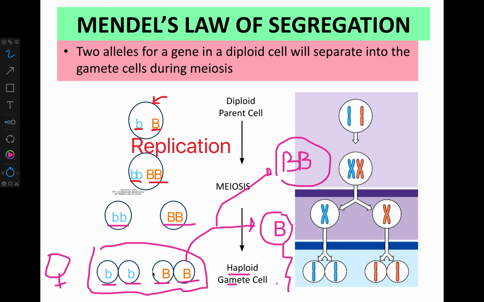Or maybe the little b meets up with the big B, and then the child will have a heterozygous genotype. Anyway, as you can see, this is really complicated, and we don't want to draw this out every time.